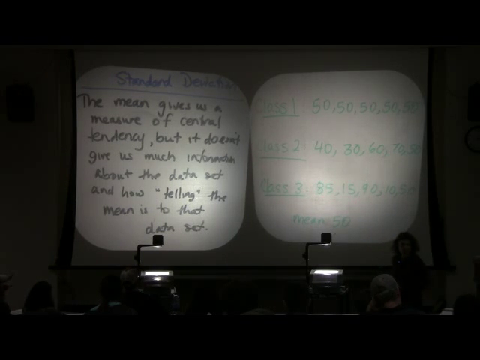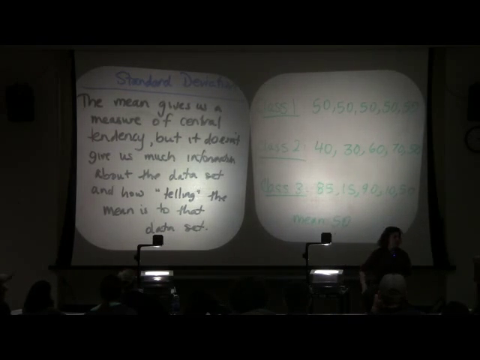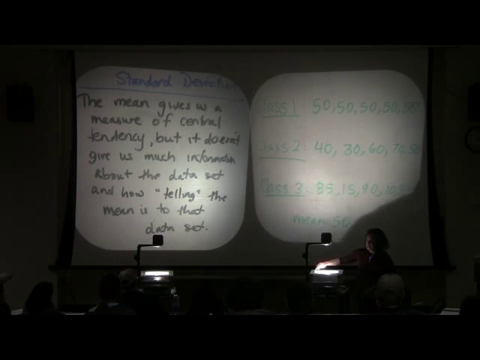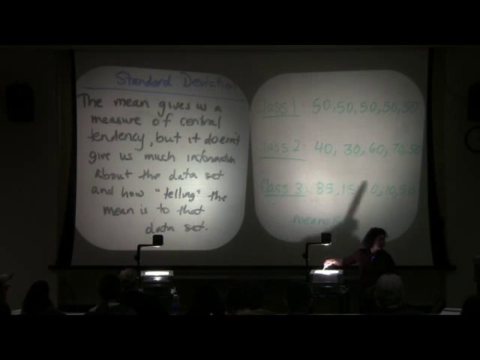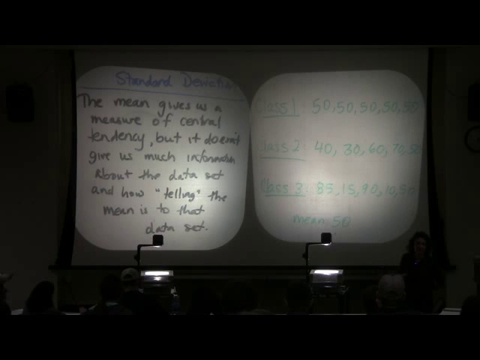Okay? We look at the first class, and our mean is 50, and oh, that makes sense, doesn't it? Okay? Now let's look at the mean for our second class. Again, it's 50. And would you guys grant me that, yeah, that gives us a pretty darn good idea as to what happened in this class? Wouldn't you agree? Okay? But now let's look at our third class.